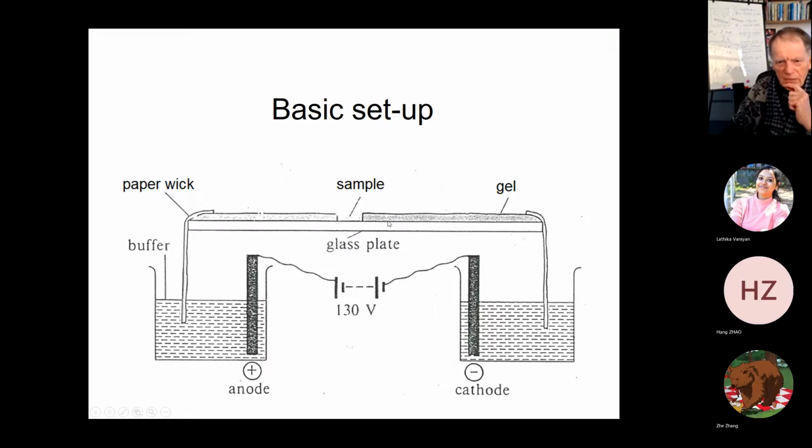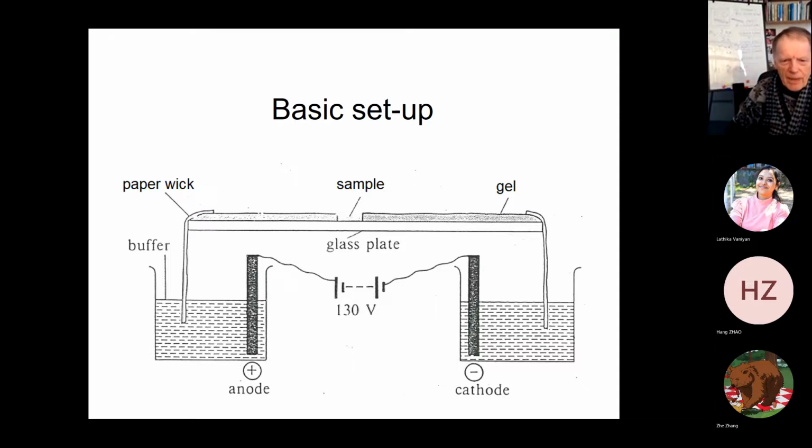And the reason for having a gel is that if you switch the electric field off, then if it's a solution, everything will just jumble up again through Brownian motion. And again, second law of thermodynamics, everything will be randomized.